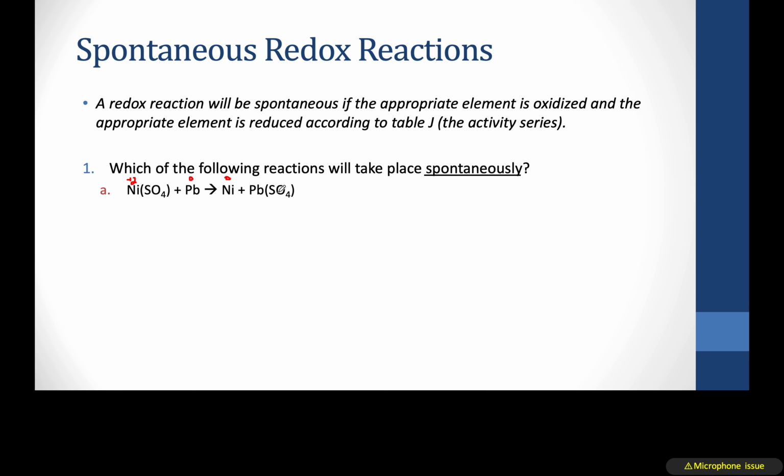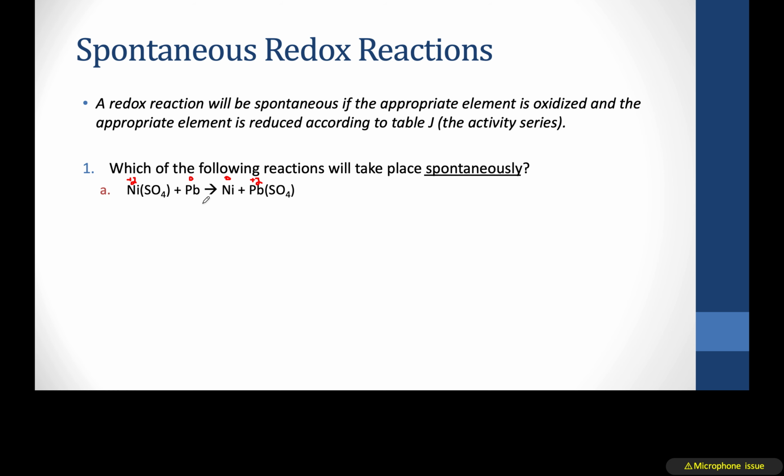Over here, SO4 is 2- again, so lead in this case must also be +2. In an ionic compound, the charge of the ion is the exact same thing as the oxidation number. So because SO4 is 2-, nickel has to be 2+, and the same idea here between SO4 and lead.